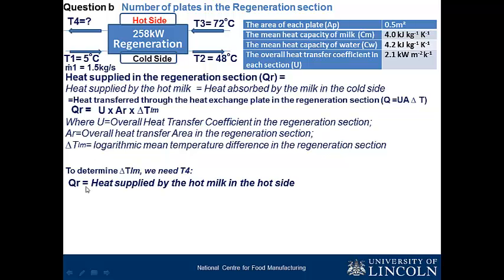Which implies that QR is equal to 258, and that equals m c theta. Now I'm dealing with the hot side, so we have 258, the heat supply, which I've converted back to SI units. This is the mass flow rate of milk, this is the heat capacity of milk, then 72, which is the inlet temperature, minus the outlet temperature, which is T4.